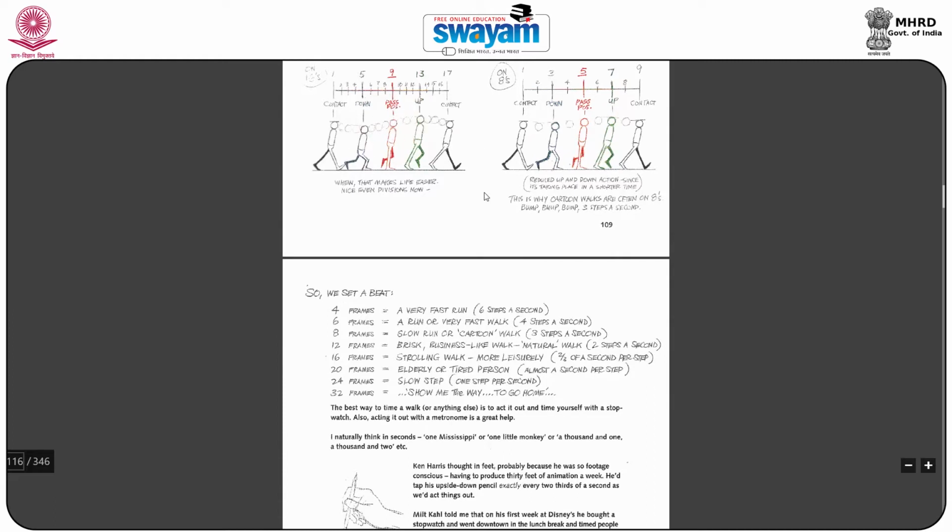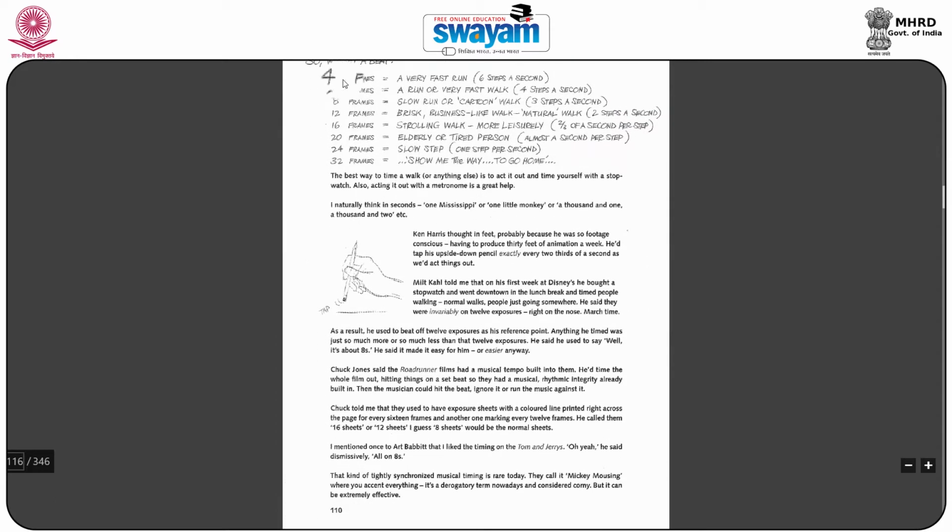So everything goes in an arc wave motion. And for set beat they said: 4 frames is a very fast run, 6 frames a run or very fast walk, 8 frames a slow run or cartoon walk, 12 a brisk business-like walk, natural walk, you can say natural. So that is what we are making right now, a natural walk, 12 frames per second, so 2 steps a second. 16 frames is a strolling walk, more leisurely, and 20 frames is elderly or a tired person.